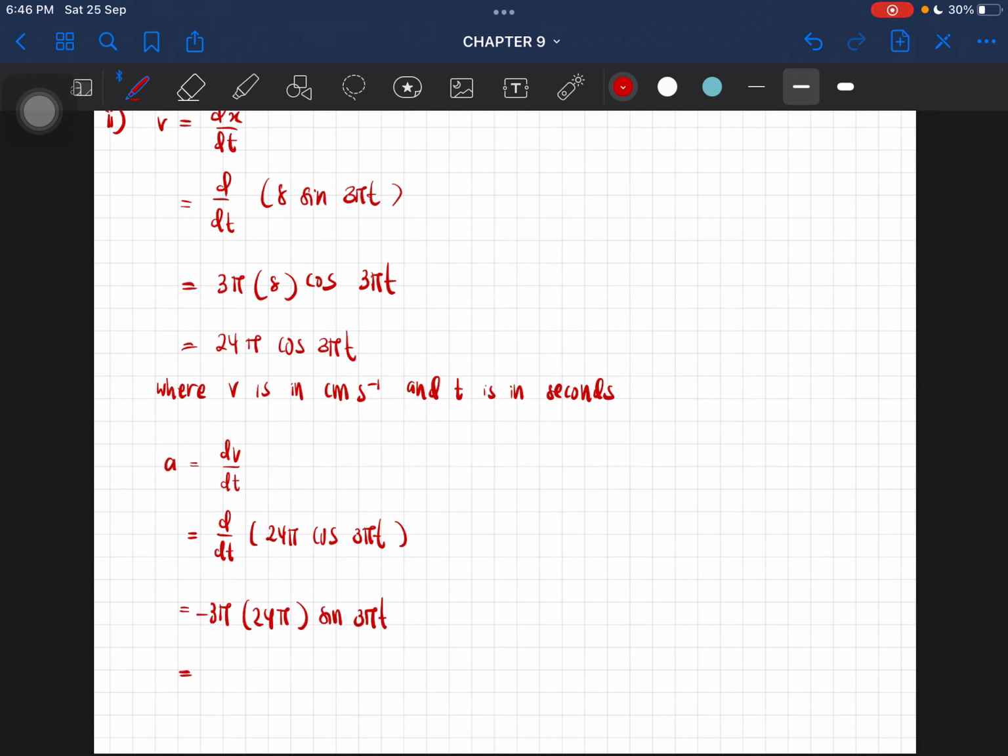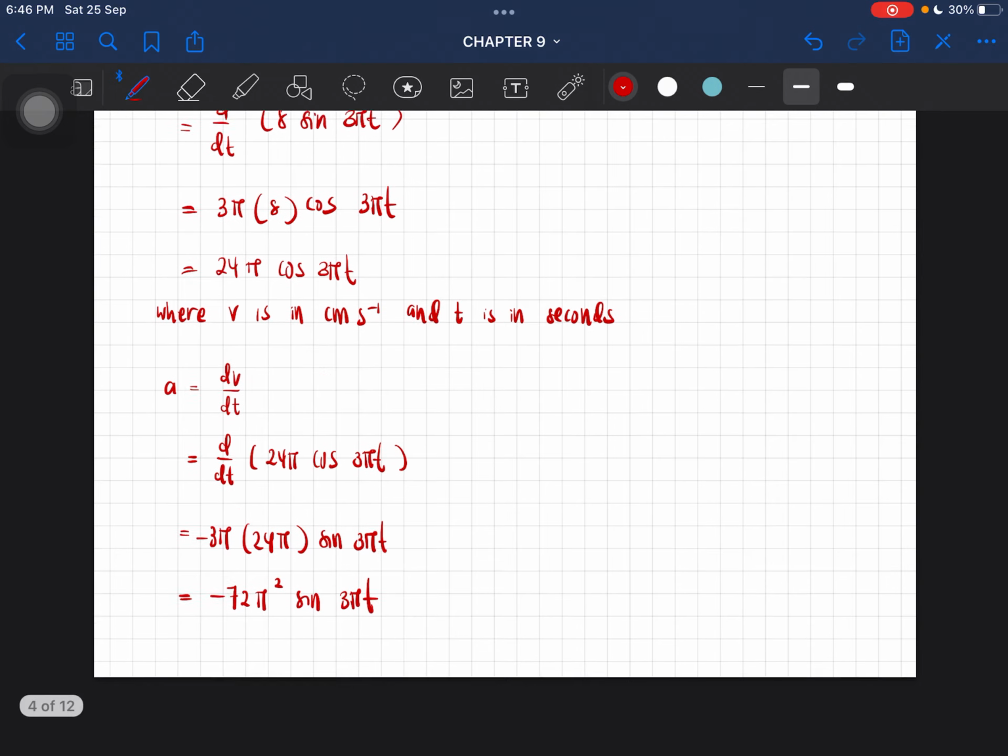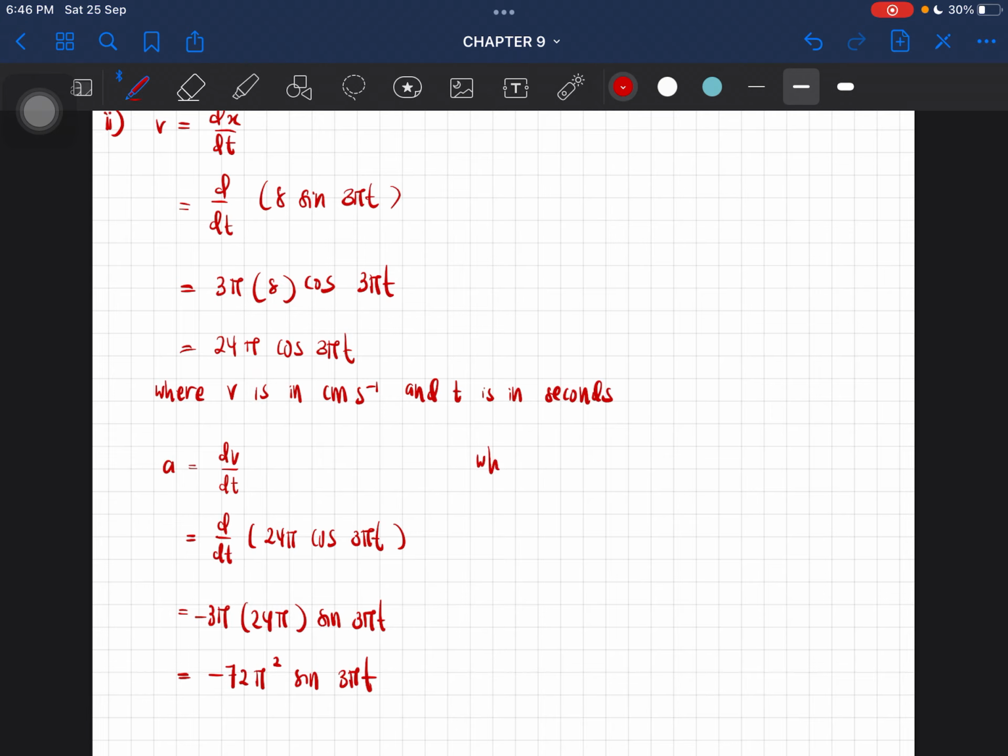So we get negative 3 times 24 is negative 72 pi squared sin 3 pi t. Again we have to write where acceleration is in centimeters per second squared and t is in seconds.